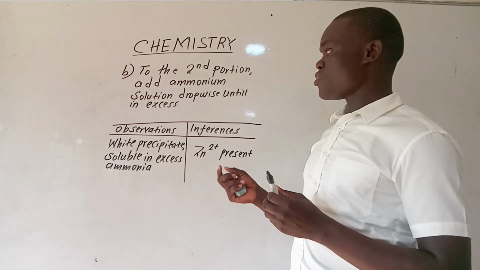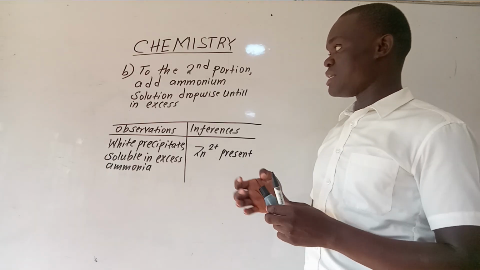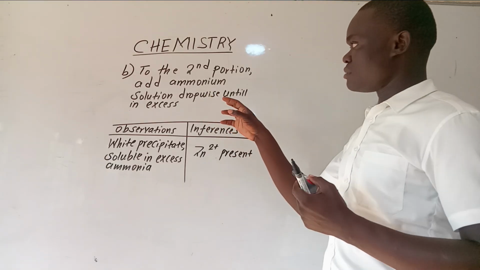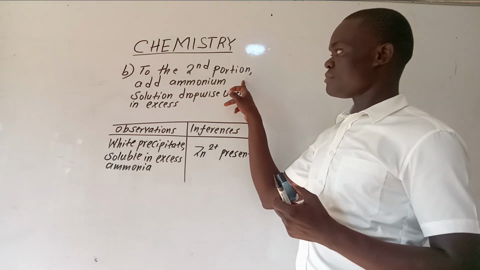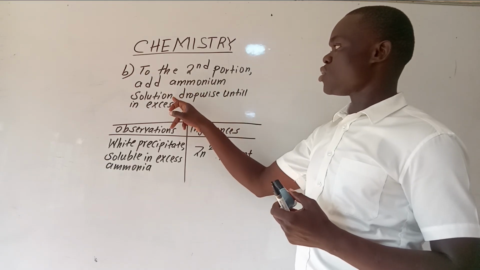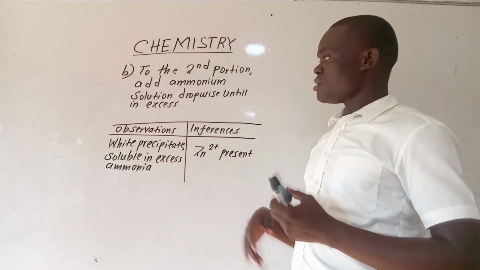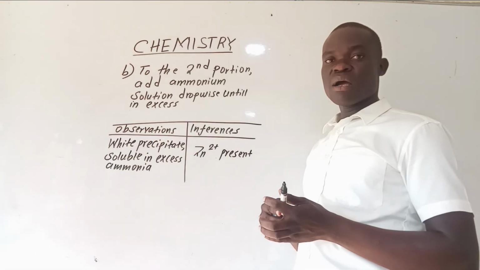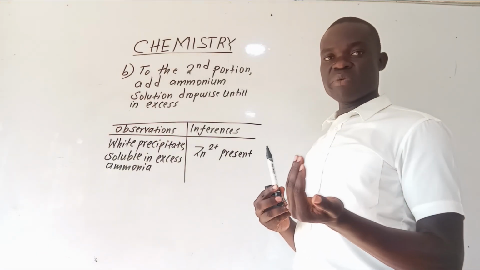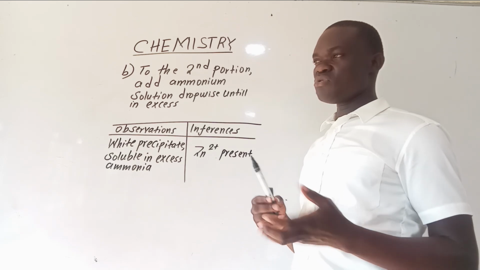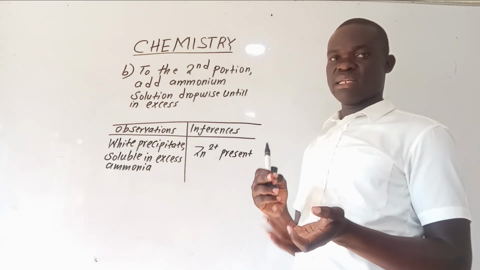So, for example, let's focus here. To the second question, add ammonium solution dropwise until in excess. We add few drops and we make observation. Few drops are between 1 to 3 drops.